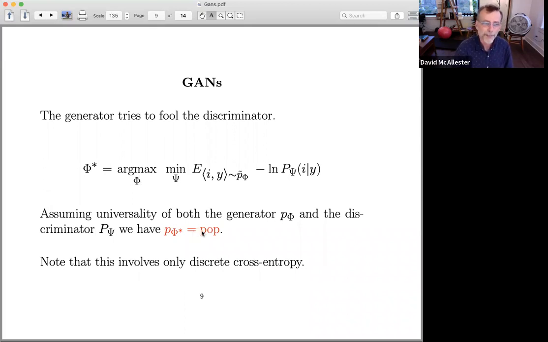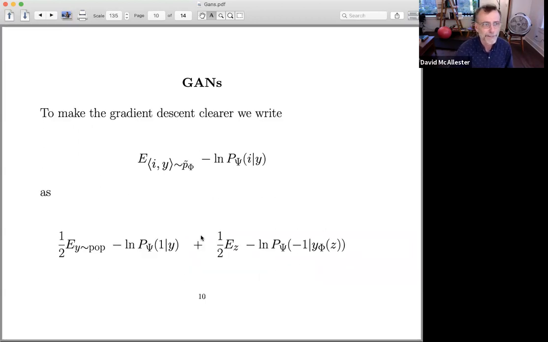This is a real abuse of the universality assumption, that you can represent anything and, furthermore, that training will find it. If both of these can represent anything and training will find it, then the generator will converge on the population distribution. But those are pretty strong assumptions in this case.